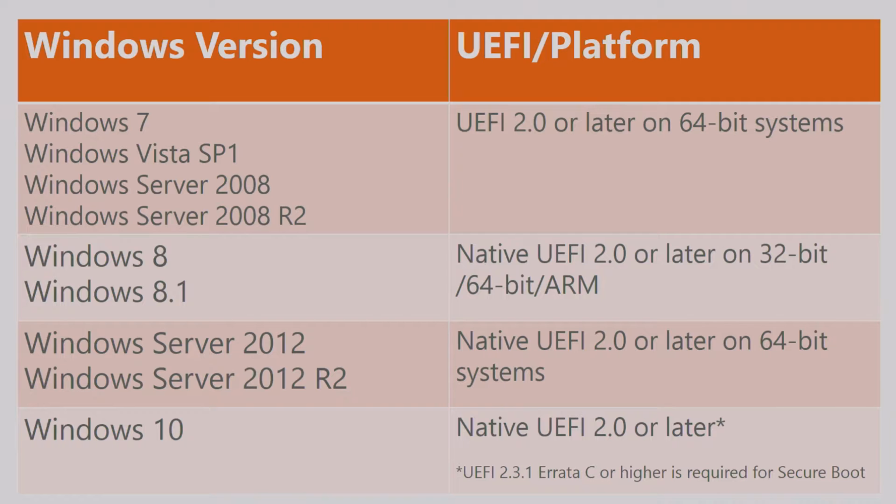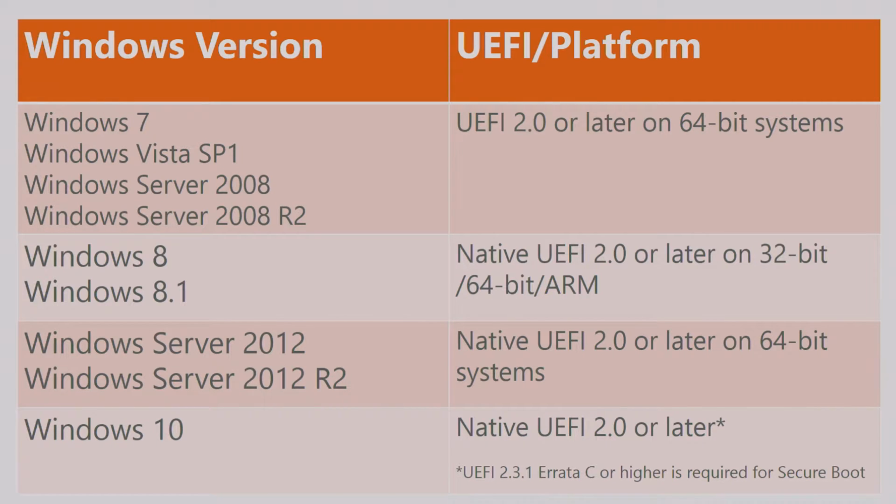So I haven't found a good way to actually report on that from the vendors of what flavor of UEFI it's running, but pretty much anything with a Windows 8 logoed sticker has the capability to run UEFI 2.3.1 errata C or newer. Now, the reason that's important is because it is a requirement to run Secure Boot on Windows 10.